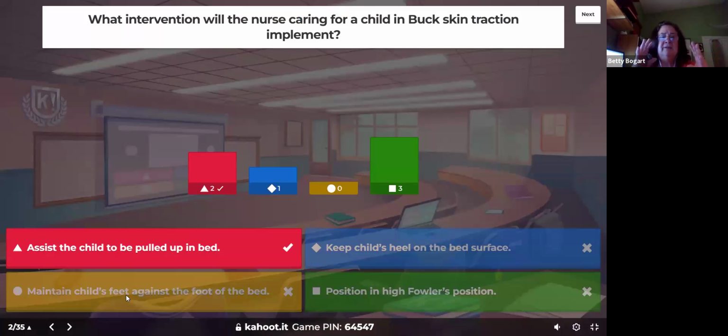So the big thing is that number one, you want to have the heel off the end of the bed, right? You want straight alignment. And this child, because it's pulling this traction, needs help getting pulled up in bed. Some older children will have a little triangle called a trapeze, and they can pull it. But young kids need help pulling up, and that's to keep it straight.